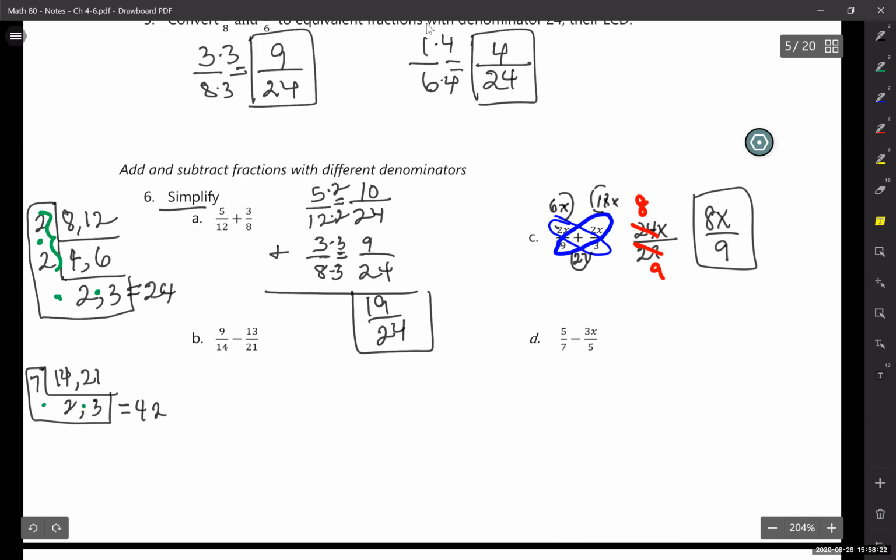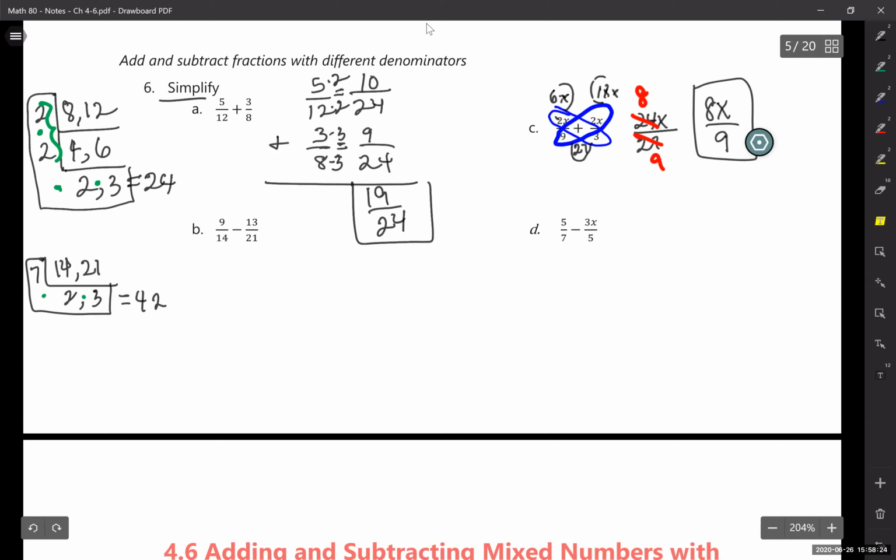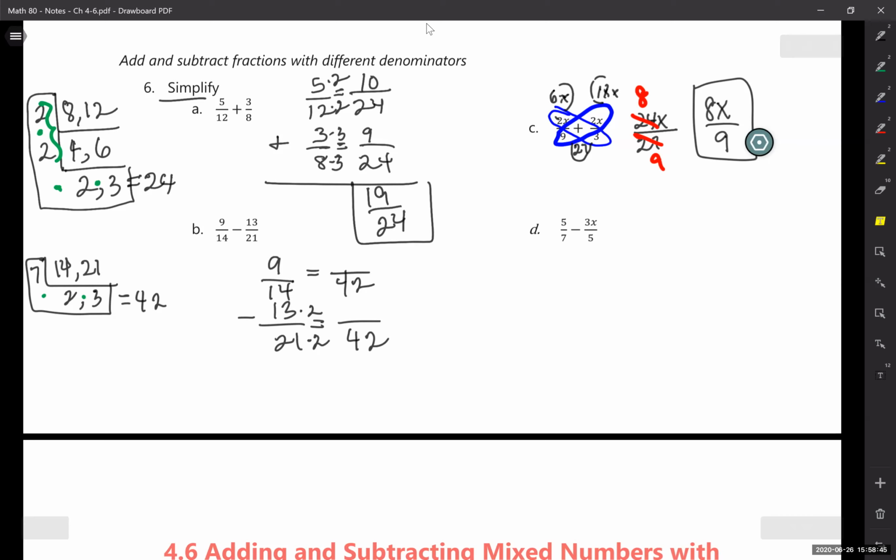So I'm going to write out this subtraction, 9/14 minus 13/21. And I want them both to be over 42. So I have to multiply 21 times 2, and I have to multiply 14 times 3 in order to get to this answer.